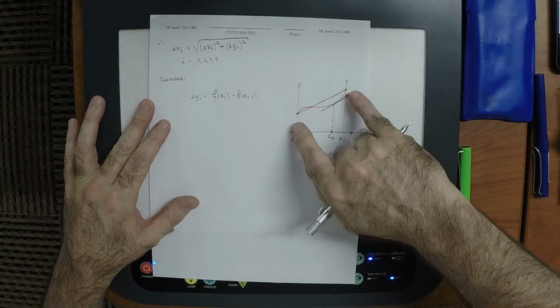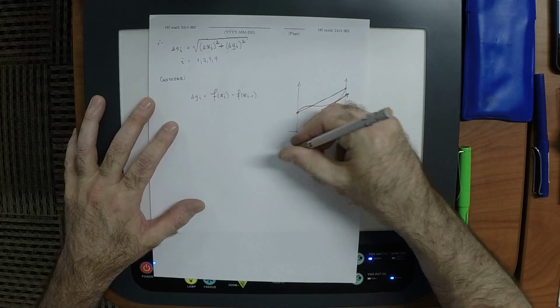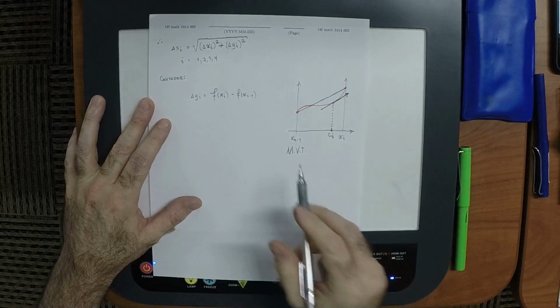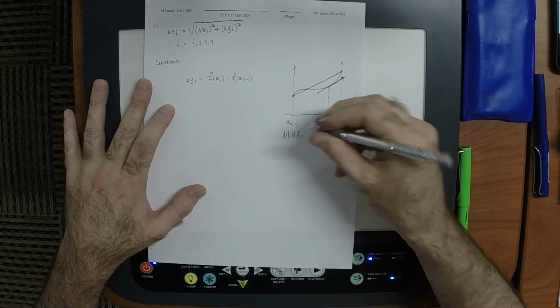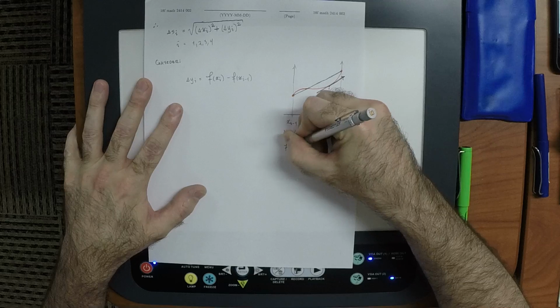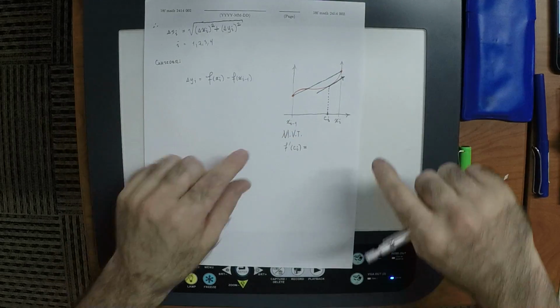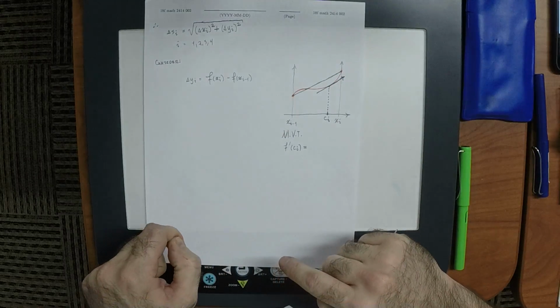So what this is saying, this is the mean value theorem. The mean value theorem is saying that there's a ci such that the derivative evaluated at this ci is equal to the slope of that secant line. Well, that's rise over run, right?